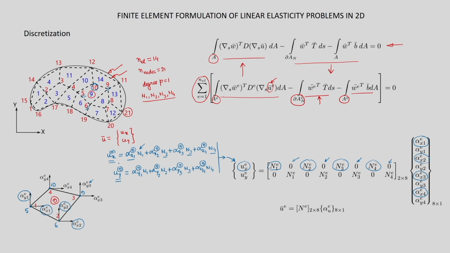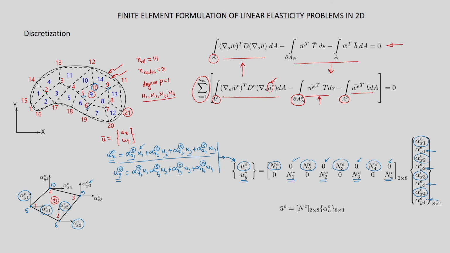So, the first expression is satisfied. Similarly, uy is also represented as n1e times alpha y1, n2e times alpha y2, n3e times alpha y3 and n4 into alpha y4.